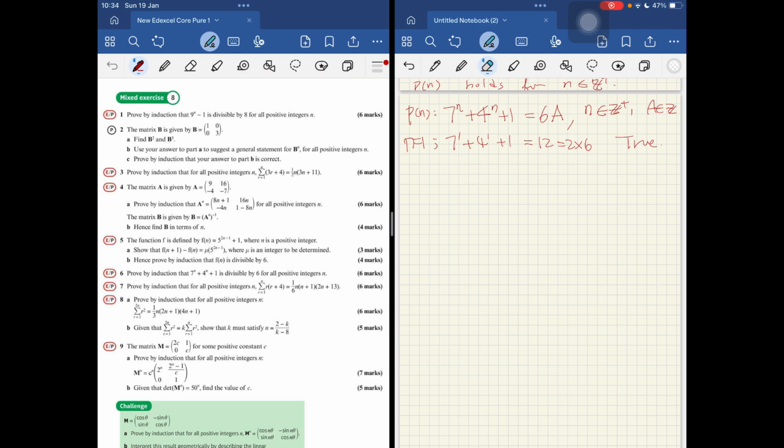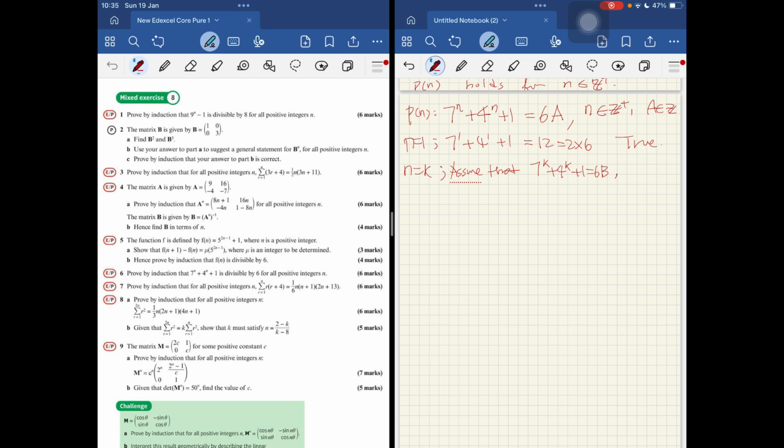But now we have only 12. And when n equals k, assume that 7^k + 4^k + 1 is 6a. Because a was a more general expression with n, but now we change into k, so we need to change it into b.